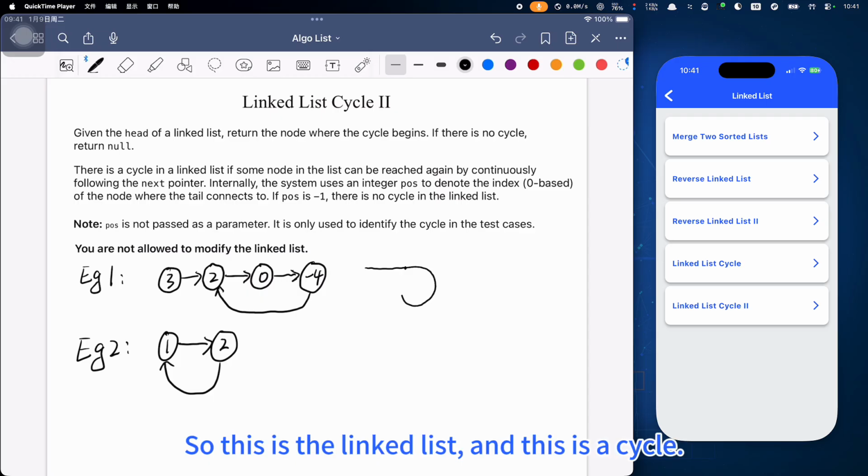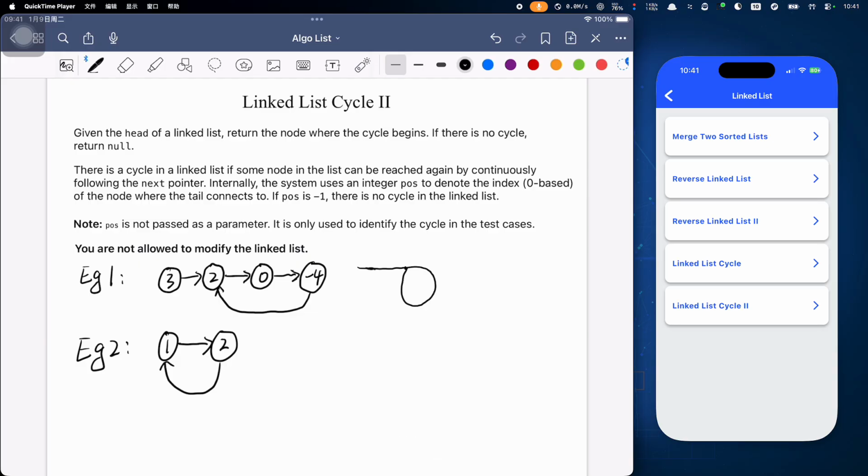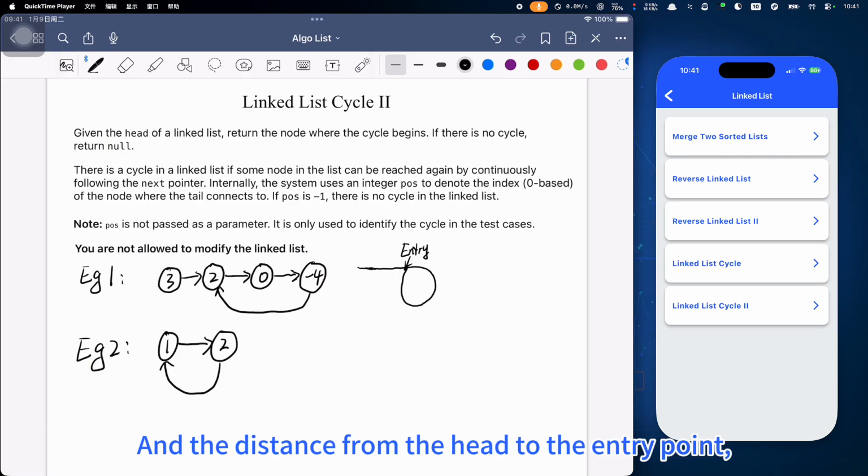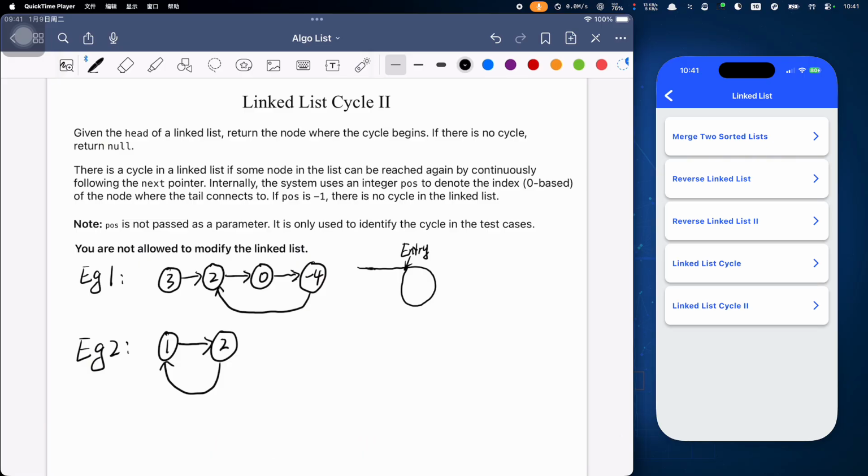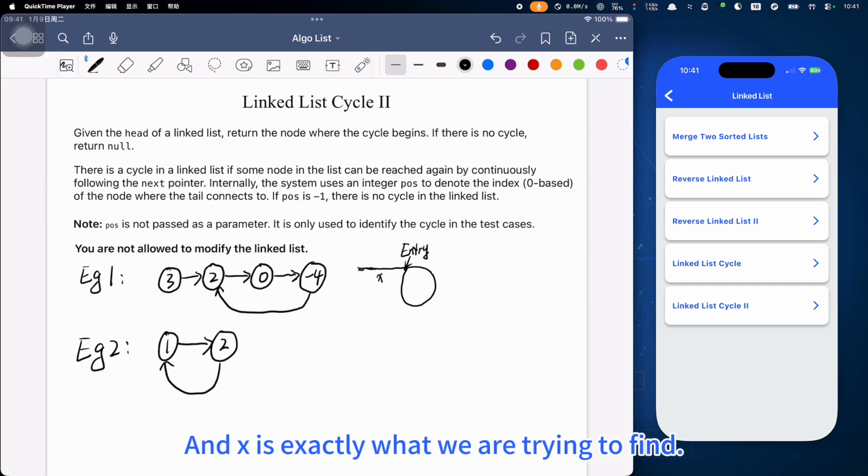So this is a linked list and this is a circle. And this is the entry point of the circle. Let's call it entry here. And the distance from the header to the entry point, we call it x. And the x is exactly what we are trying to find.